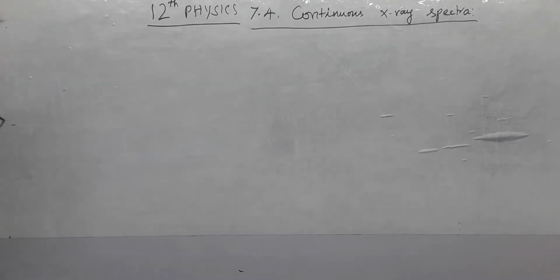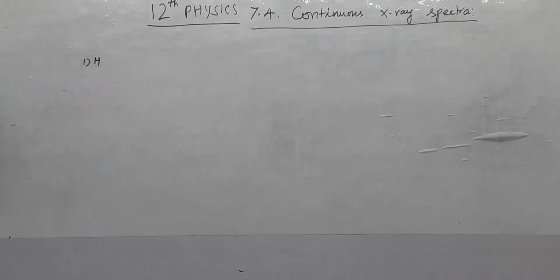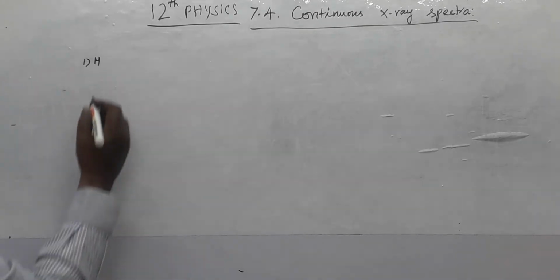And if they ask specifically about industrial purposes, medical purposes, or identification of disease, then you can give the exact answer within a line itself, that's enough. Suppose applications of X-rays, the first one is medical purposes, medical diagnosis.